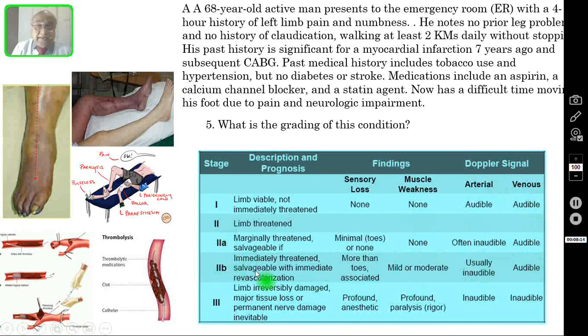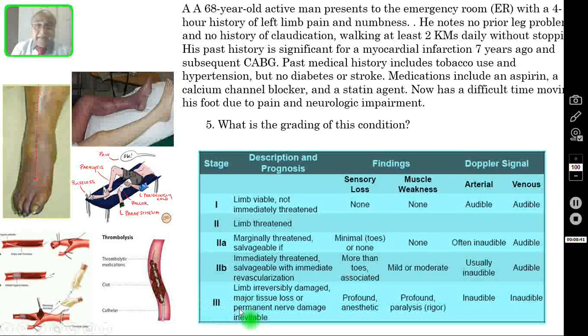And 2B is immediately threatened, salvageable with immediate revascularization. Sensory loss is more than the toes. The muscle weakness is mild to moderate. Arterial signal is usually inaudible, whereas venous signal is still audible.